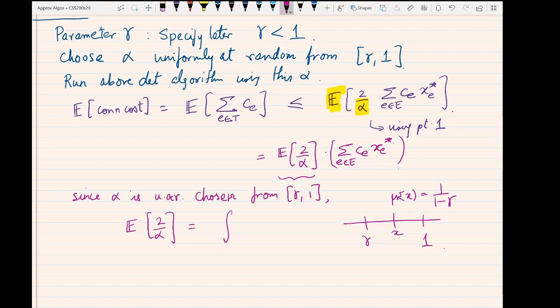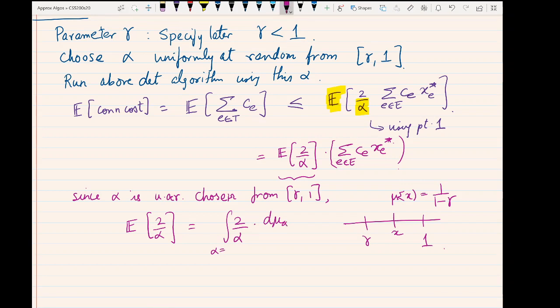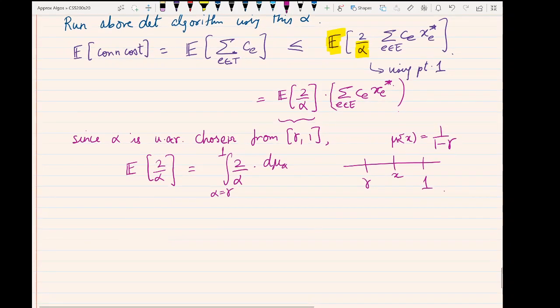And so the expected value of a function, so it is the obvious thing. In case you're not familiar with this kind of notation, it's fine. The integral should be clear enough what we are doing.